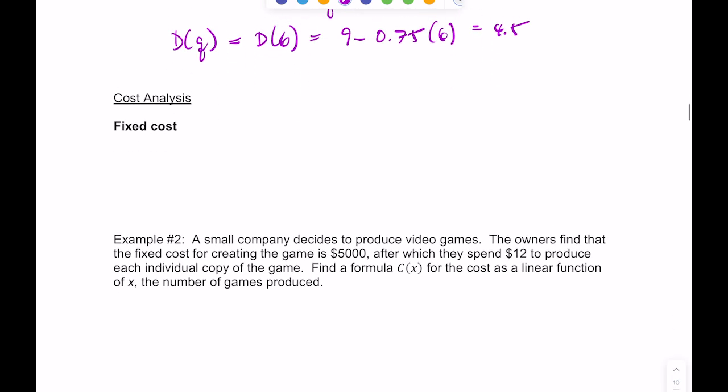Let's look at a cost analysis problem, which is another type of business application.